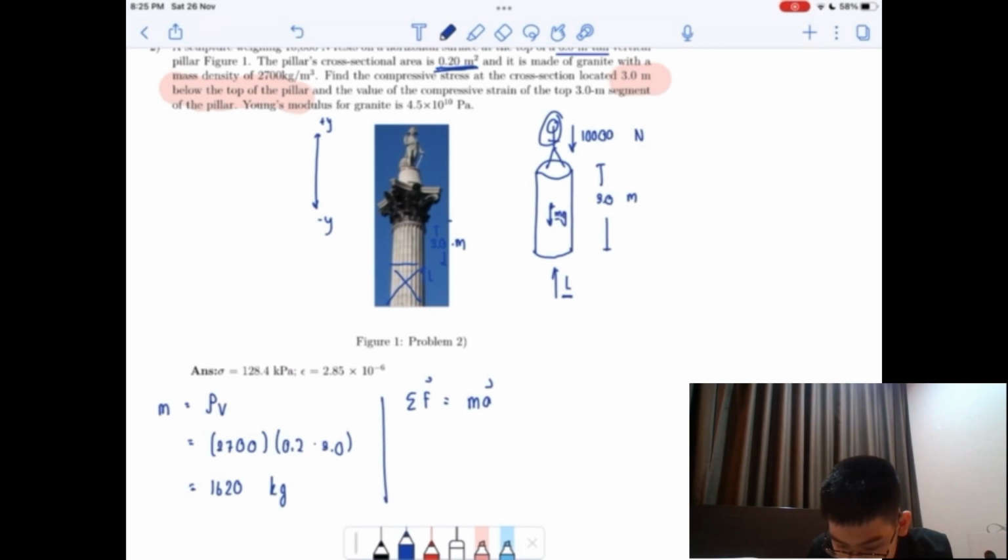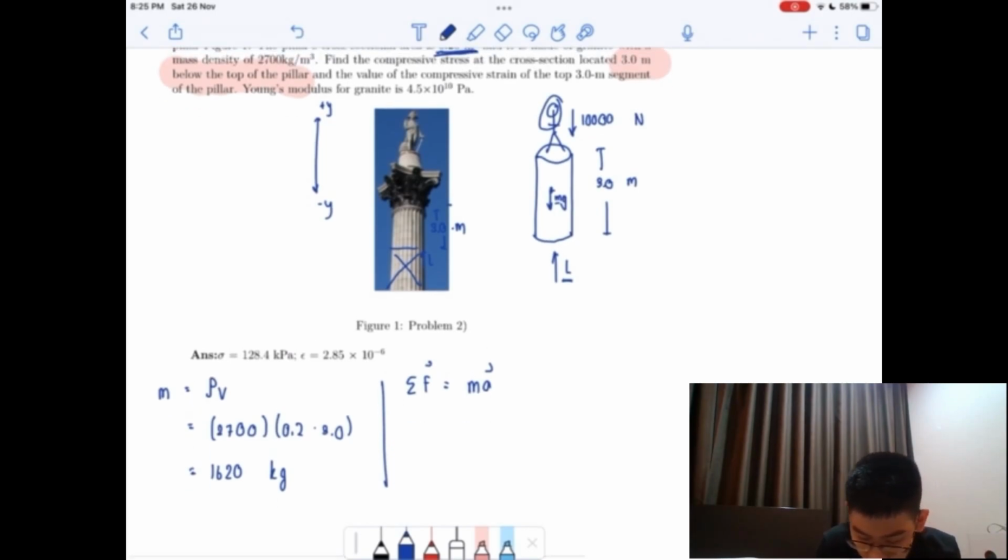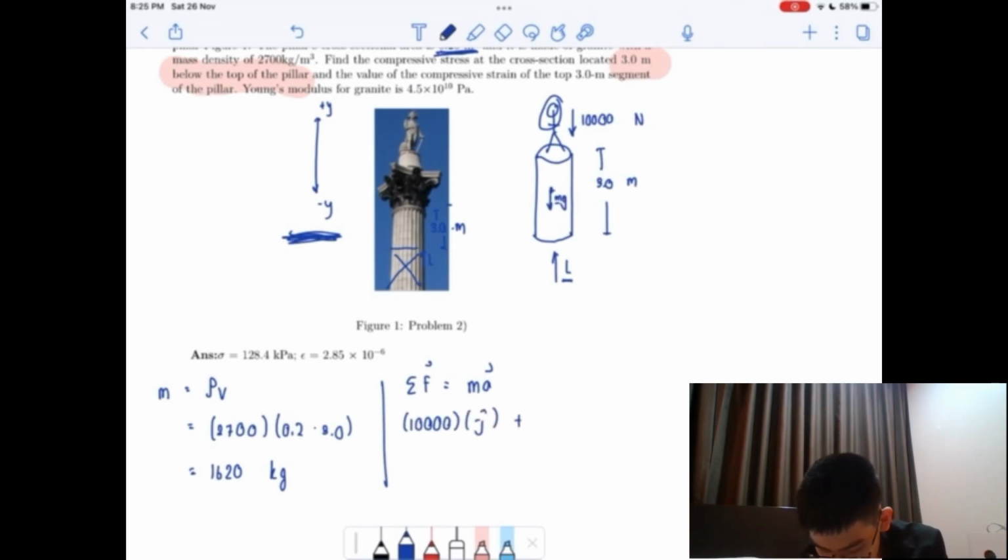Once we get M, we can use sigma F equals M A to solve for the internal load L. We are going to use vectors, and the direction is denoted right here. So first we get 10,000 plus mg. We are going to use g as 9.81 for this problem.